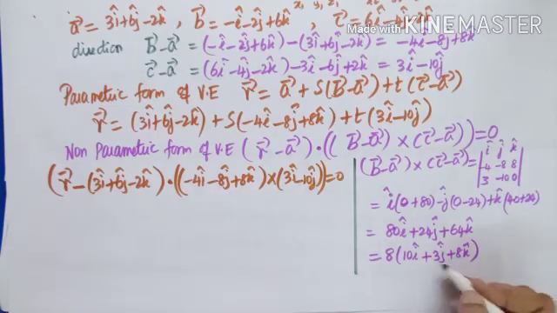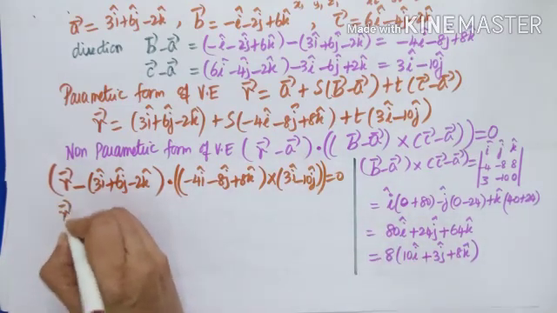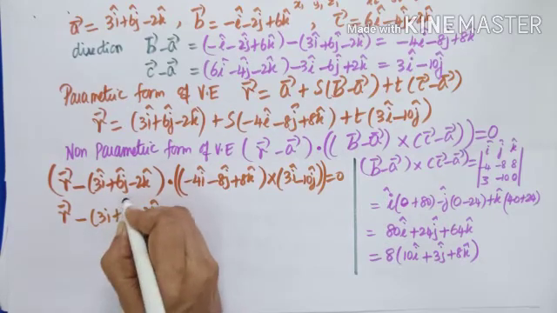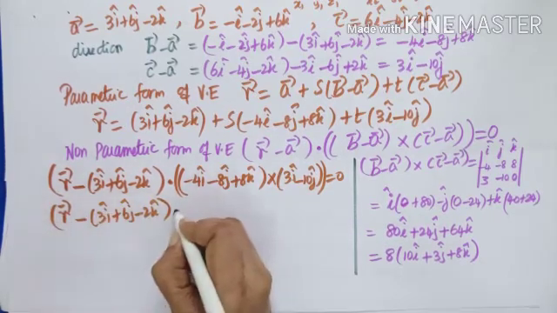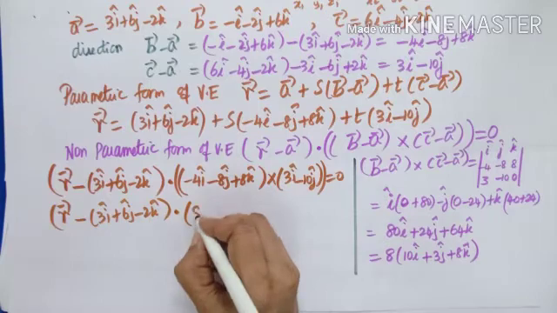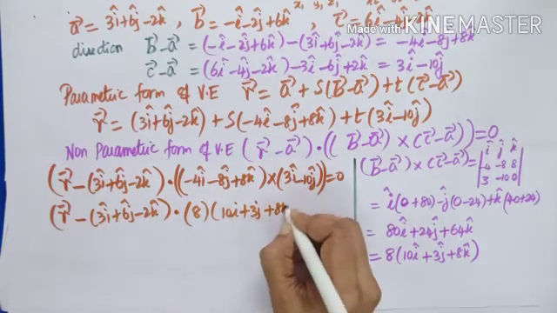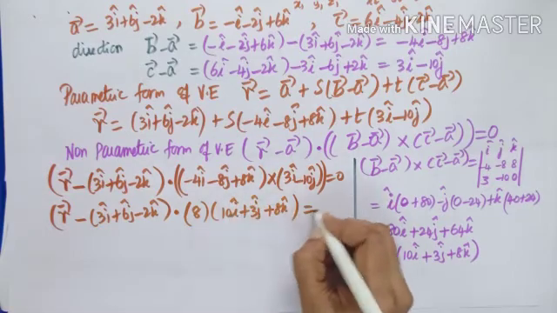This answer as we found, let us substitute. R minus 3i plus 6j minus 2k dot 8 into 10i plus 3j plus 8k equals to 0.